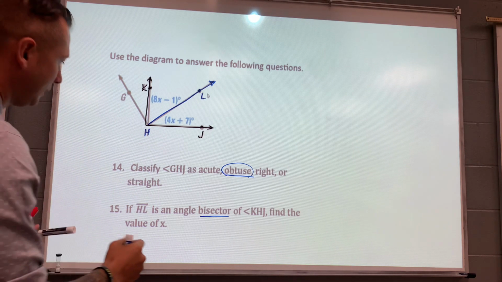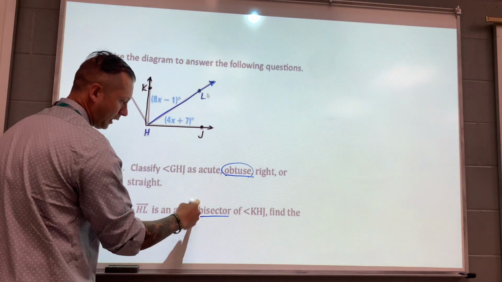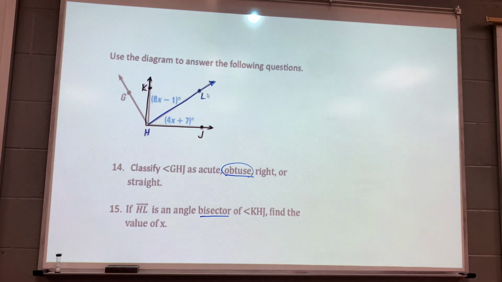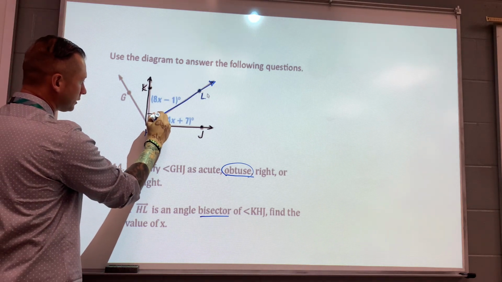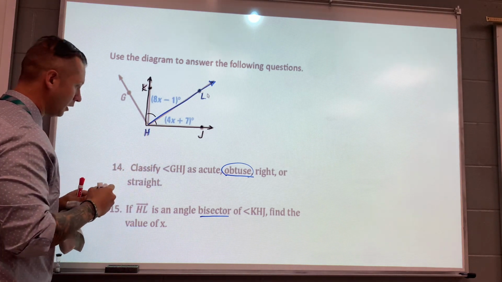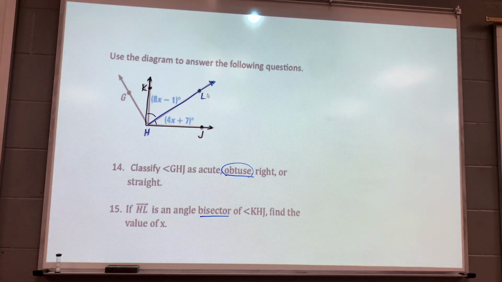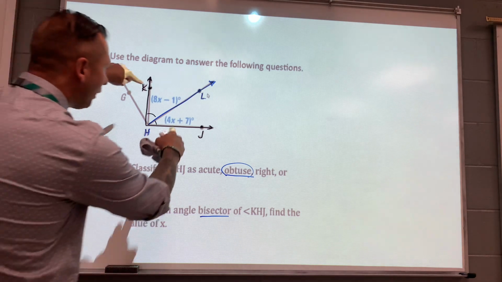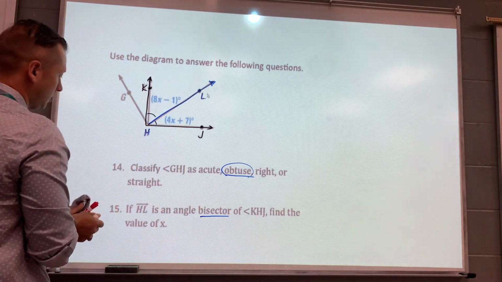So it tells us angle bisector. That's a very specific word. That means that it's cutting the angle into 2 congruent parts. Bisector, 2 congruent parts. If the parts are congruent, that means their values are equal to each other.